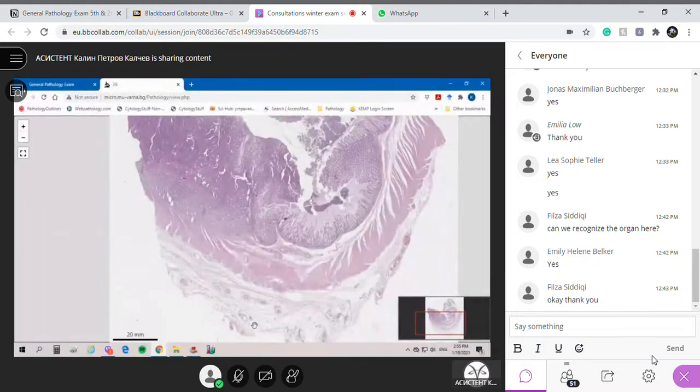If it involves the surrounding regional lymph nodes, then we define it as N1, and in different areas, this N1, 2, or 3 depends on how many lymph nodes are involved in those regional lymph nodes.